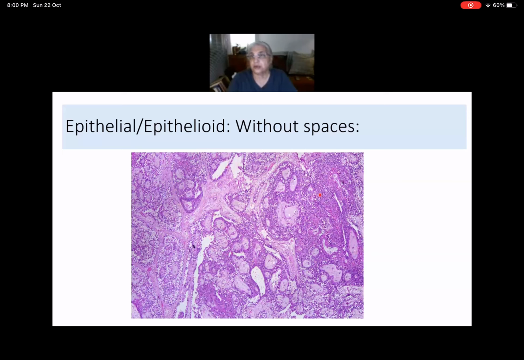So what do you have? You have something that looks like a fibrovascular core. It looks as if there is a space around it. But what is that space actually? Can you see how the spaces are being formed? By the cells separating from one another, no?